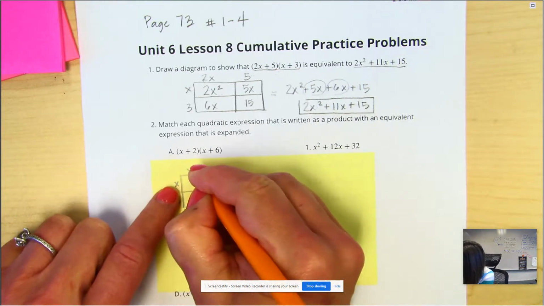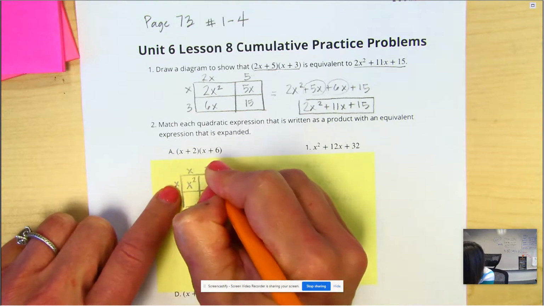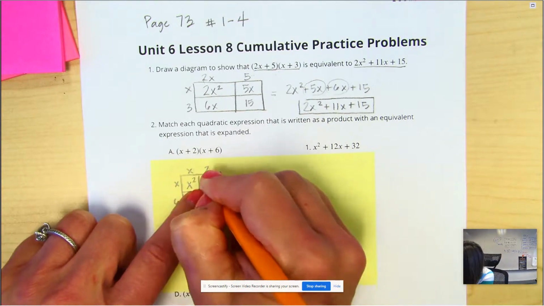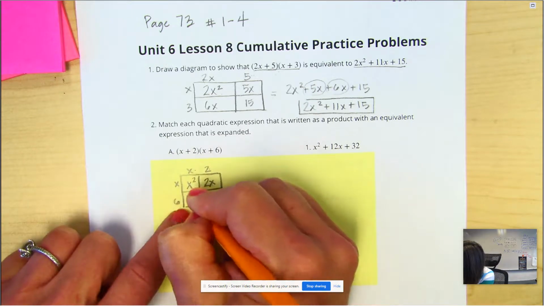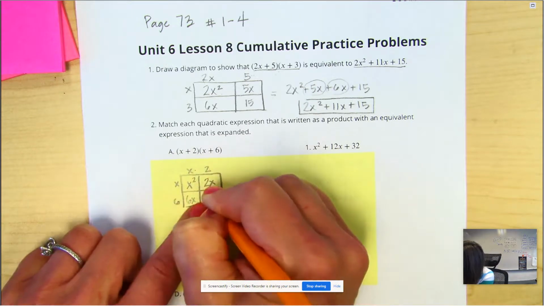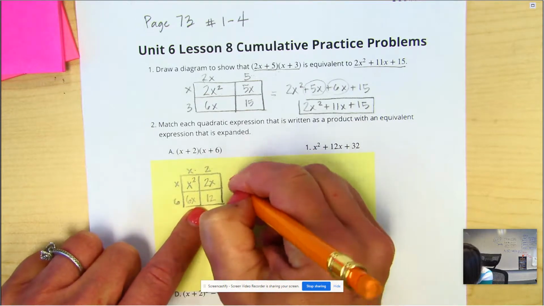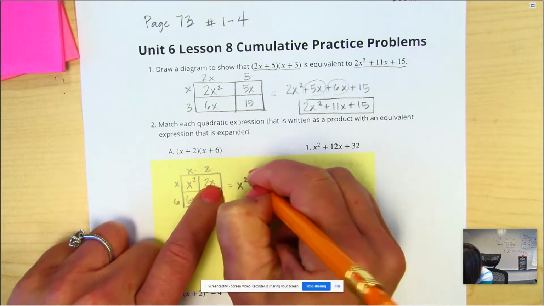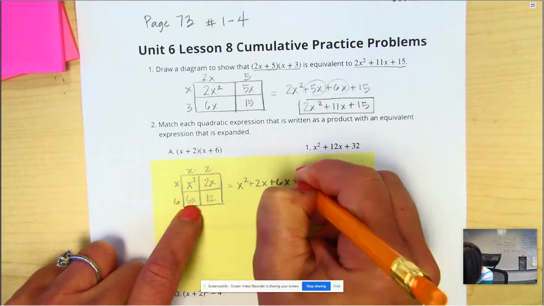An x times an x is an x to the second power. A 2 times an x is a 2x. A 6 times an x is 6x. And a 6 times 2 is 12. So that turns to x squared plus 2x plus 6x plus 12.